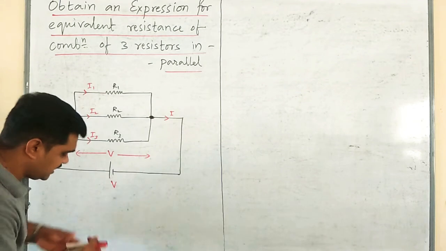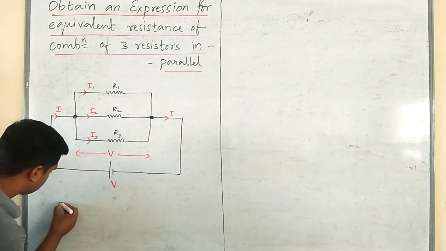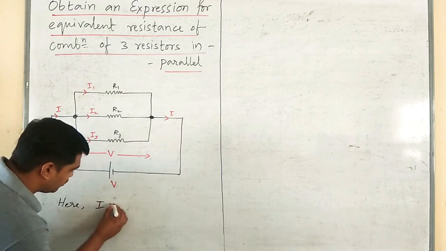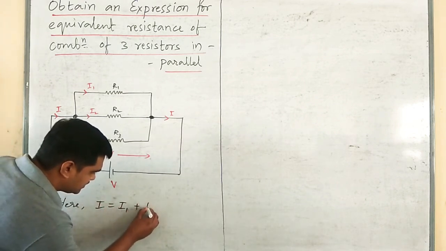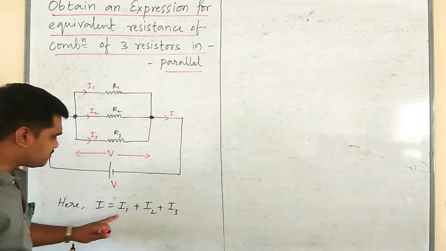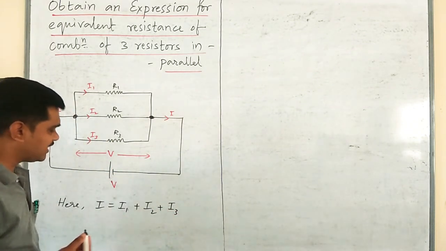Next, here we know that I is equal to I1 plus I2 plus I3. In place of I1, I2, I3, what can we write?